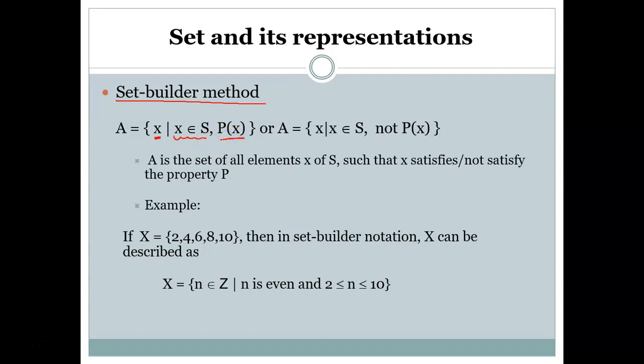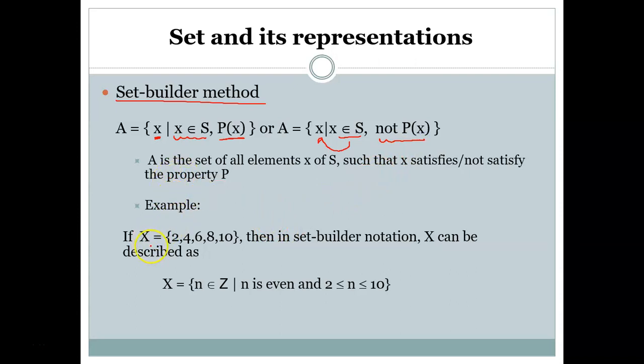Or in other words, A consists of those elements of S which are not satisfying this property P(x). Now speaking like this seems to be confusing language, so it will be clearer in the example.